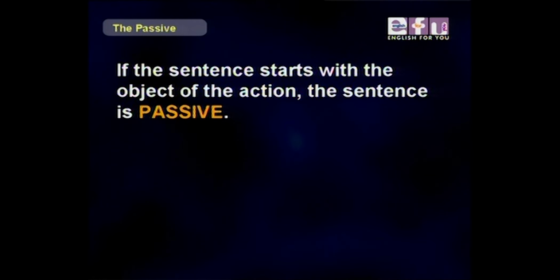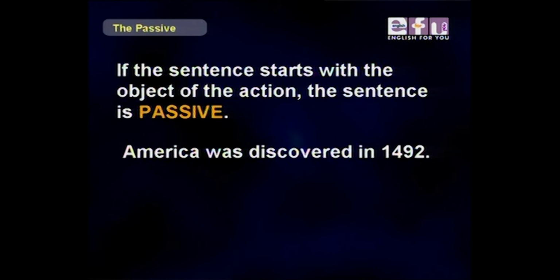Now, if the sentence starts with the object of the action, the sentence is passive. Example, America was discovered in 1492. In this one, America is the object, and we're starting with the object, so that's why it's passive.